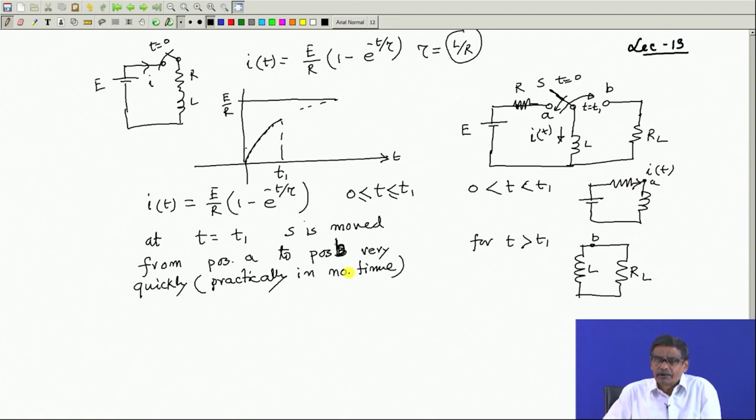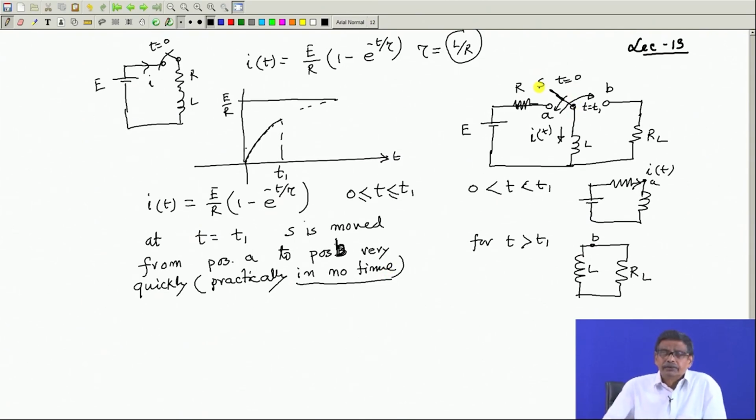You take it for granted for the time being. So, I am putting a condition: practically no time is very important. That is, as if the circuit was connected to A till t 1, then at t equal to t 1 it got connected to B. Somehow you have made some arrangement very fast, so that this terminal never sees an open circuit during that interval.